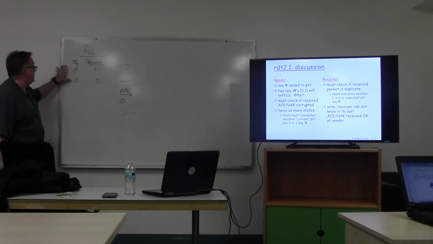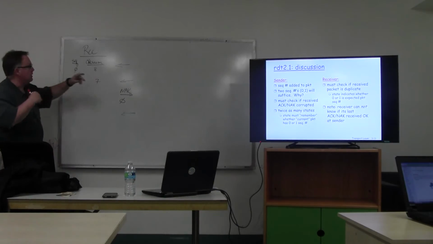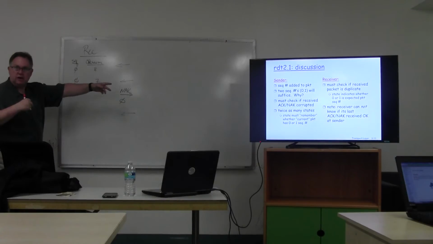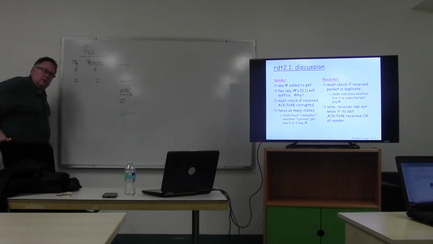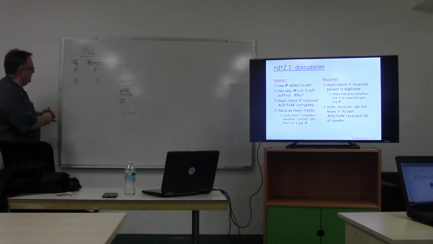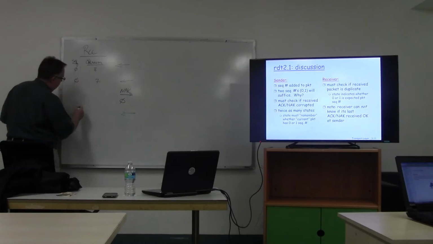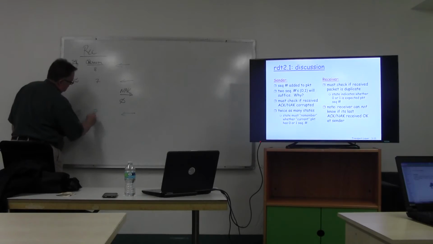So I've had to NAC sequence 0. I've got no idea what you're doing. Resend it again. Assuming that we're not exhausting the retry logic, as Nathaniel pointed out, at the sender side. Sender's going to resend it, and now I get in 0, 7.